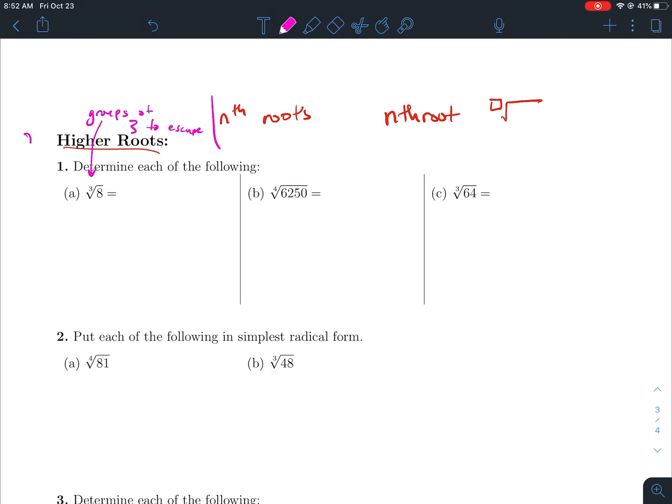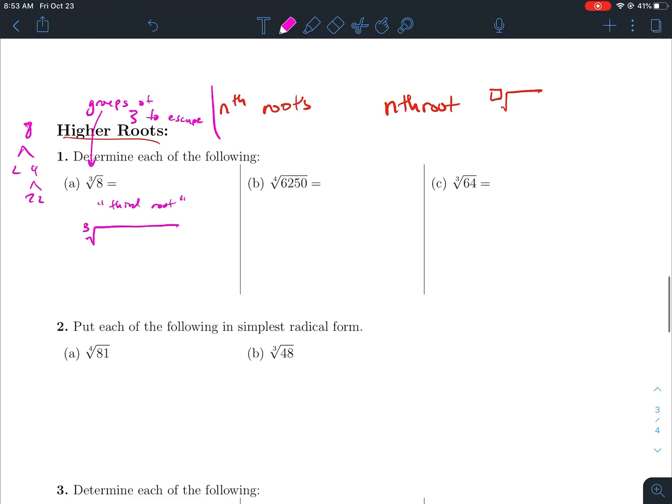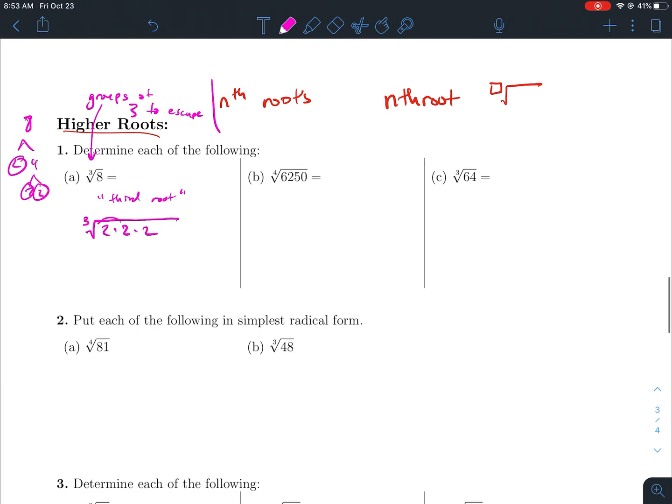So we try to break 8 down. 8 becomes 2 and 4. 4 becomes 2 and 2. So we get cubed root. The little 3 here is read as cubed root, or third root. And we're taking the third root of 8, so we have 2 times 2 times 2. And guess what? We have our triplets. So that's perfect.